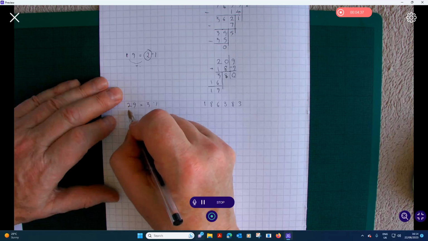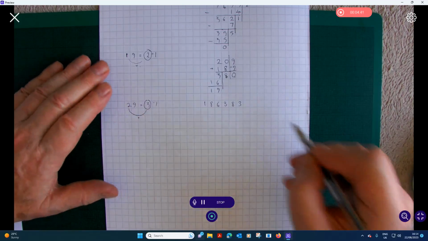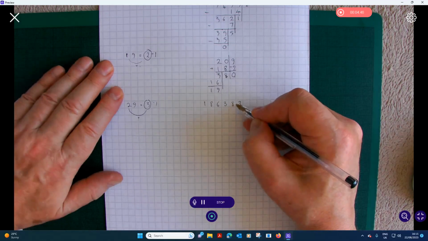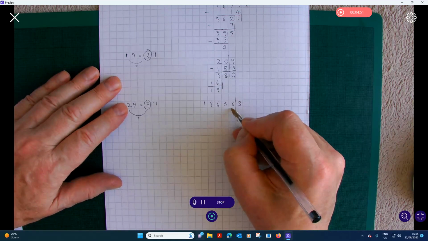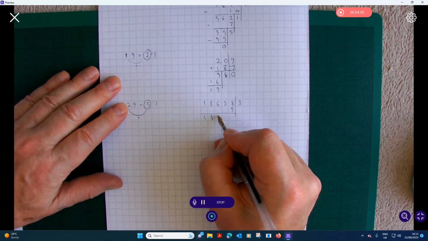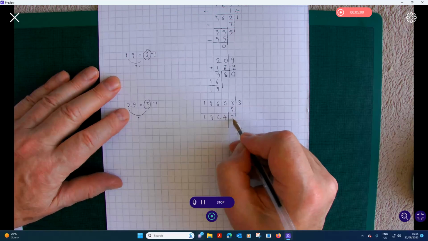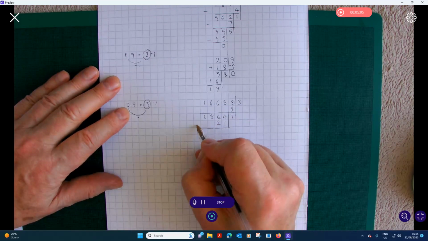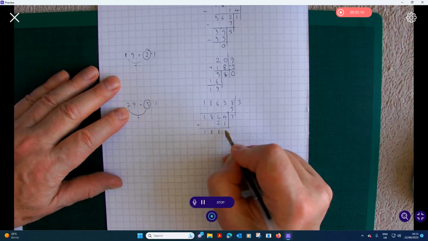As before, we've just got to add 1 to the 2 to get our operator 3. So now let's work along. We can say 3 3s are 9, and when we add, we're going to get 1, 8, 6, 4, 7. And when we say 3 7s are 21, we can once again add, and that's going to give us 1 8 8 5.